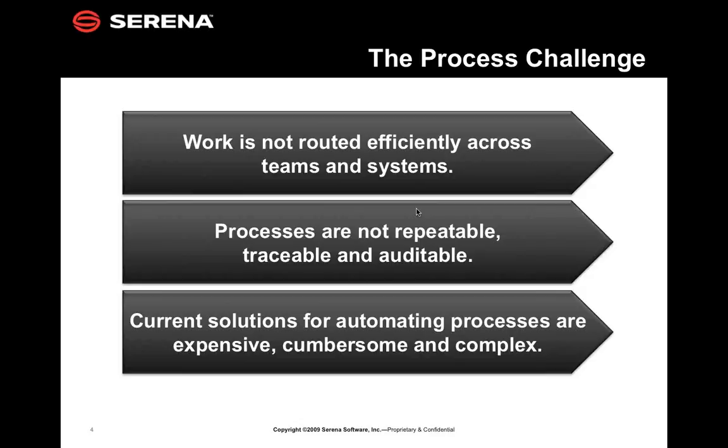We have experience with many of our customers that will tell us that a simple approval process that should just fly through the organization can frequently take days of elapsed time simply because emails are going around, they're getting lost in people's inboxes, there's no way to remind them, and so these sorts of things slow down the organization.